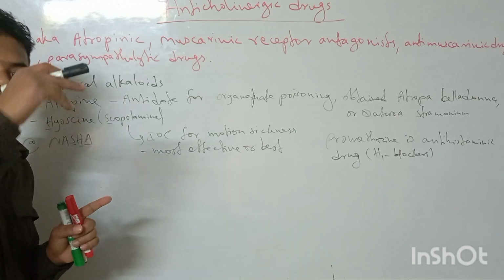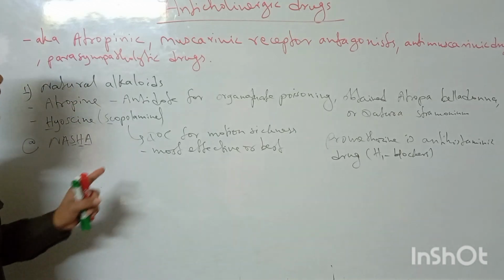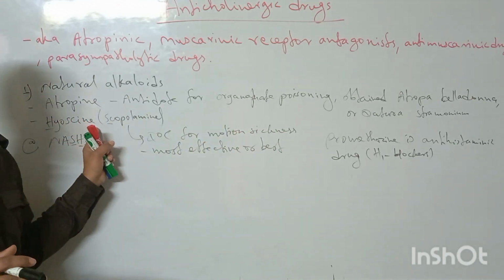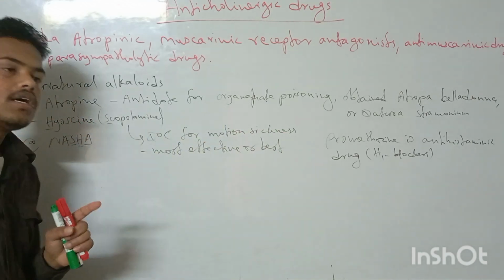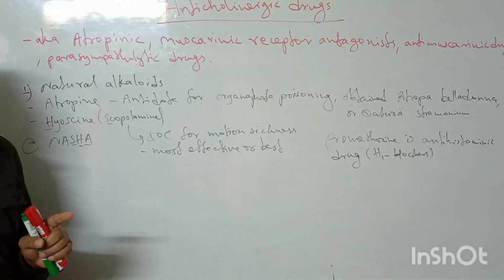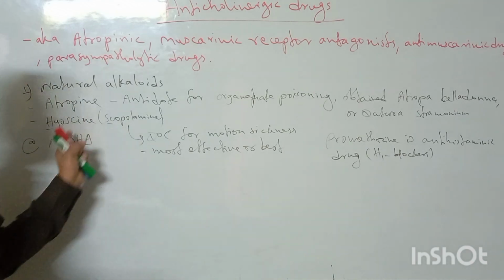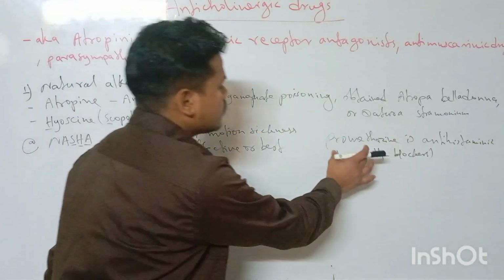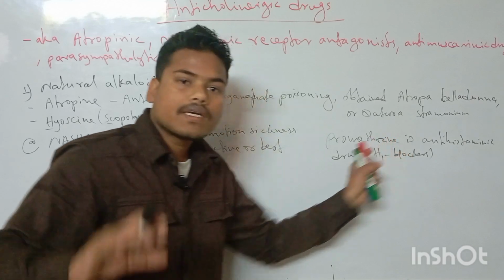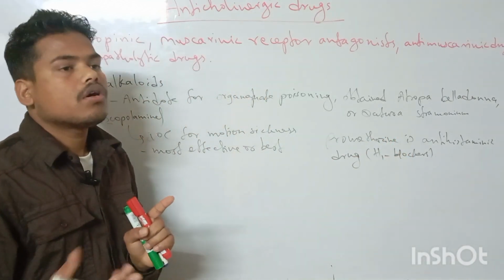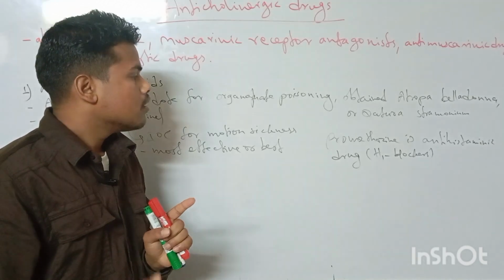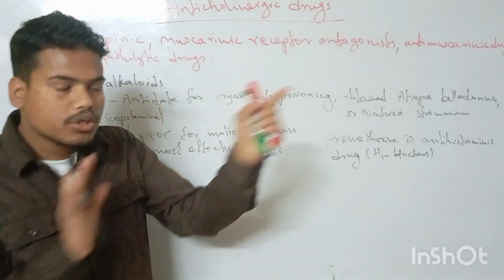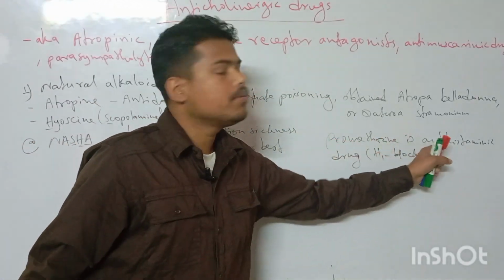Once vomiting has started, hyoscine will not inhibit the vomiting effectively. In that case promethazine is very effective, and it is effective if used earlier before the onset of the vomiting, or once the vomiting has started. In both conditions promethazine will be effective.